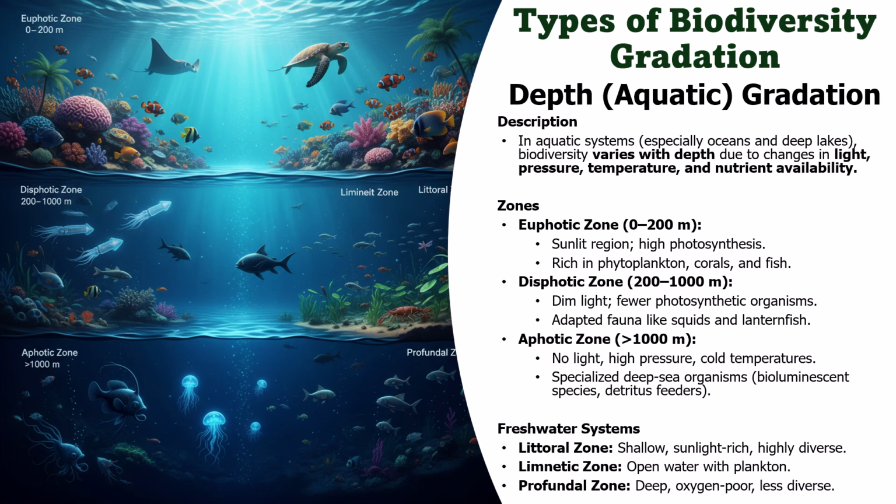Similarly, in freshwater systems, biodiversity decreases from the littoral zone, that is sunlit and diverse, to the limnetic open water and the profundal, deep oxygen-poor zones, reflecting a clear depth-related gradient in biological richness and adaptation.